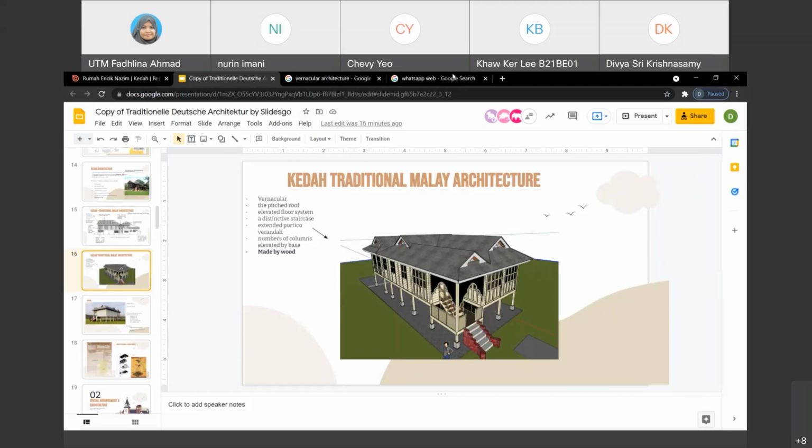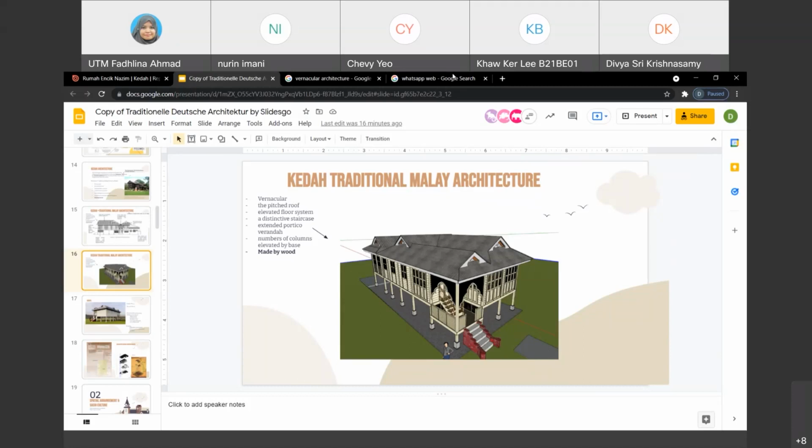So you are not talking about the common Malay traditional house, not the general Kedah traditional house, right? You are talking about the Nazim family. And when you talk about the Encik Nazim family, it has something related to his occupation, how many children he has, who he is in the community, the social status and so on.